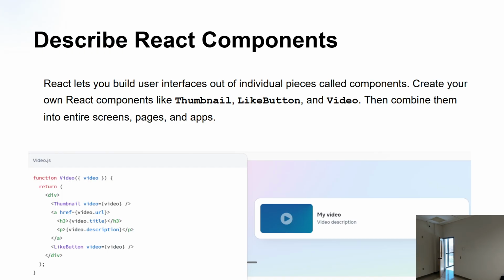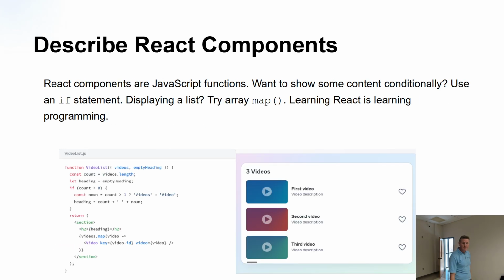That's a simple video element of video on the browser, a heading, a subheading, and a little heart icon for the like button. Okay, so you can see how these components work together to give you a user interface. And those components combine together to give you your web page screen or your web page app and so forth.